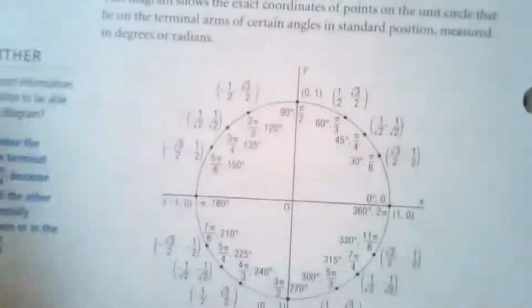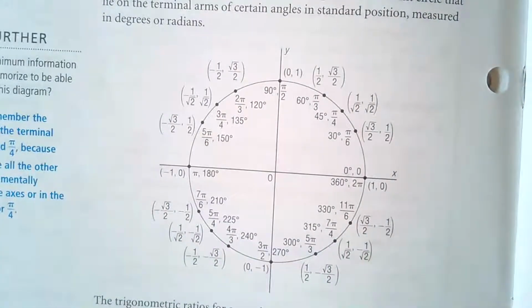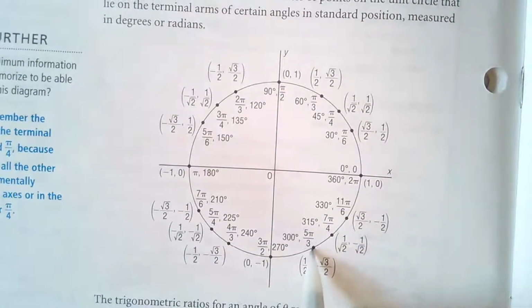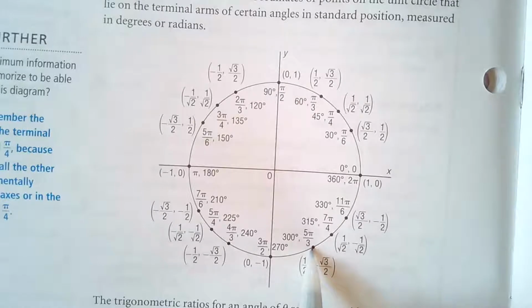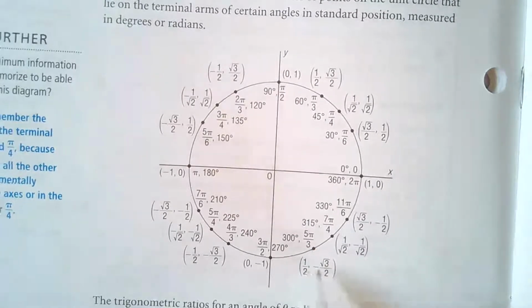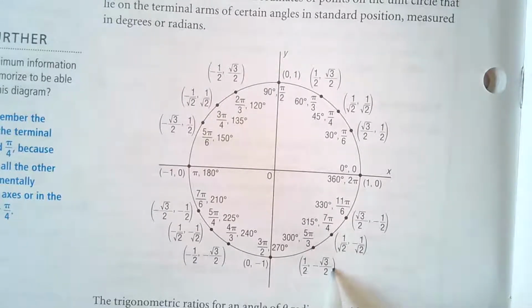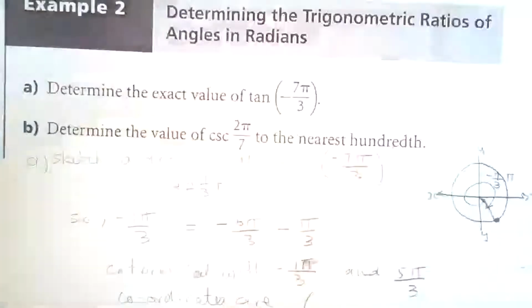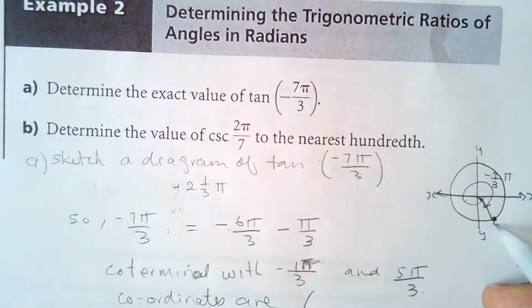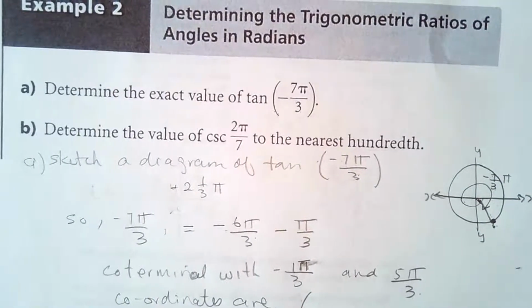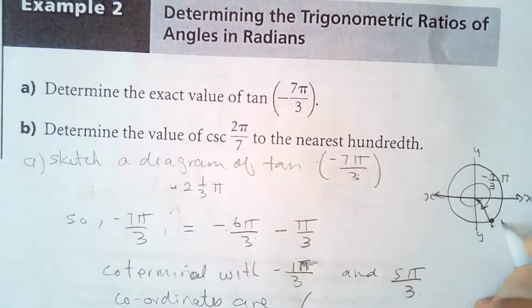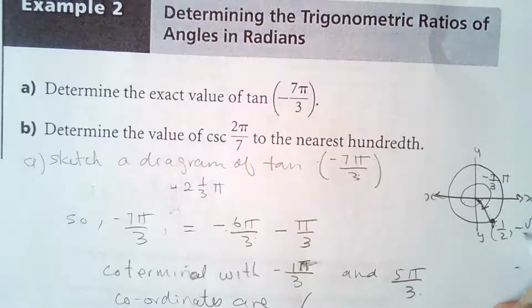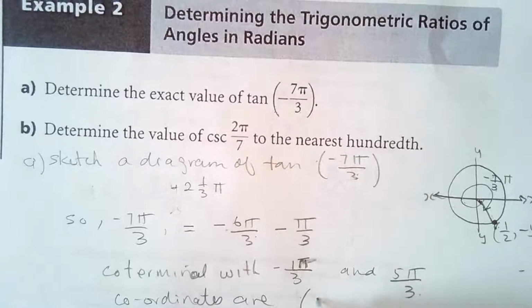I want to just show you what I mean by that. Using my unit circle, we have 5 pi over 3 is 1/2 and negative √3 over 2. So my coordinate would be 1/2.